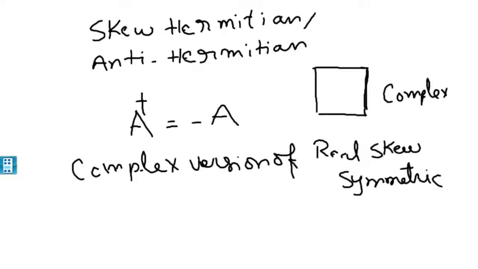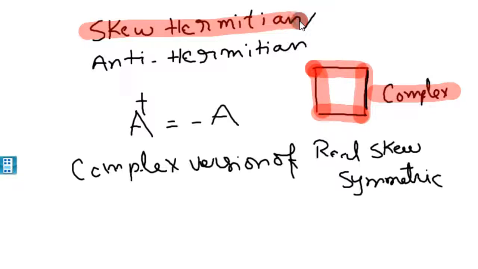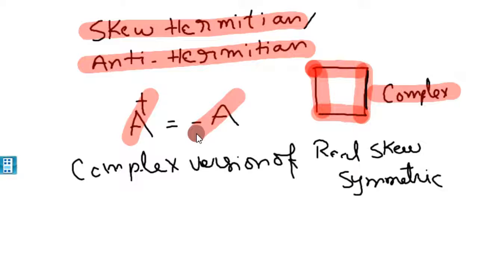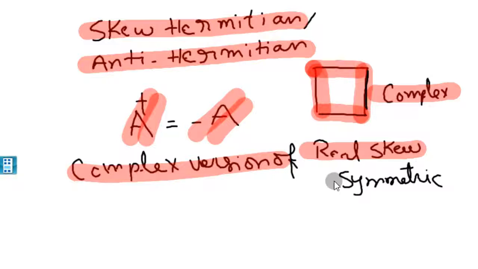A square matrix with complex entries is said to be skew Hermitian or anti-Hermitian if its conjugate transpose is equal to its negative. A skew Hermitian matrix is a complex version of a real skew symmetric matrix.